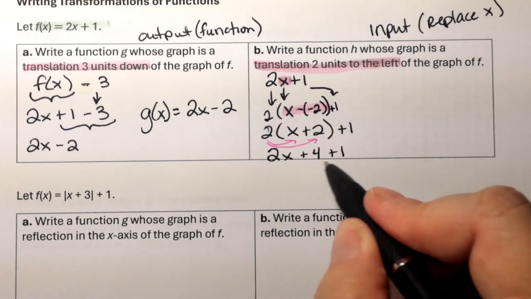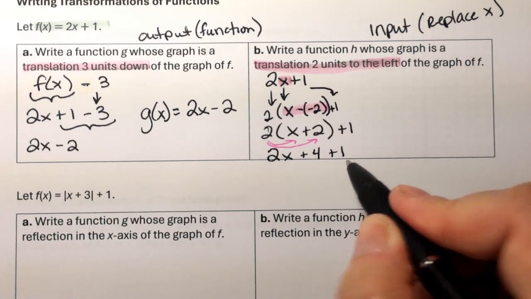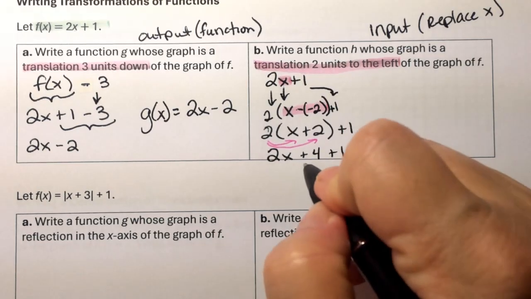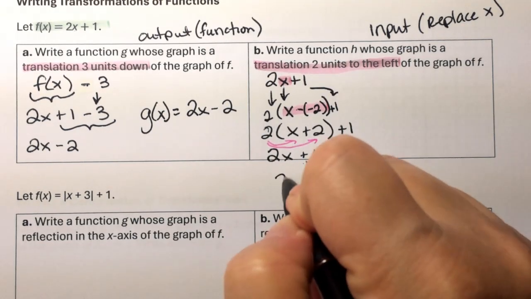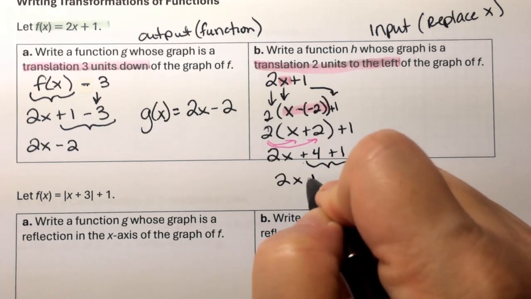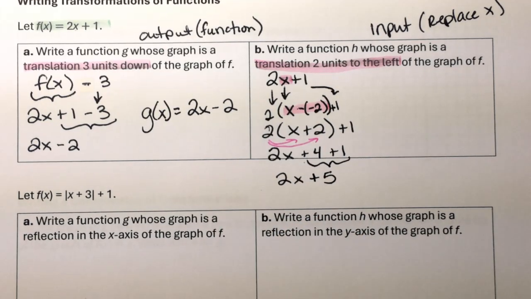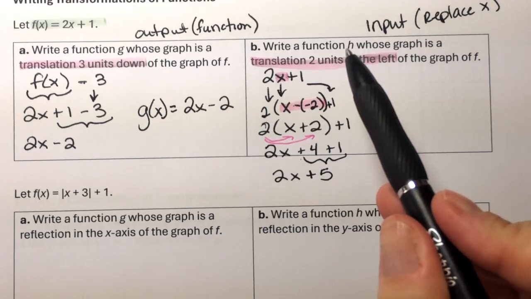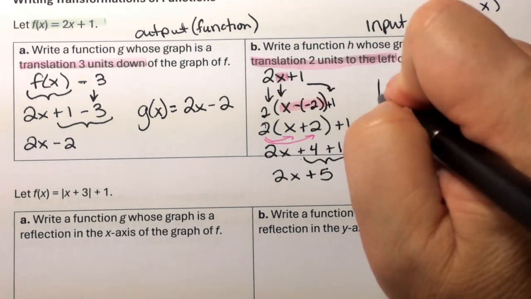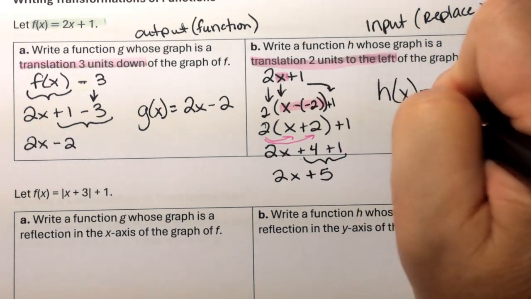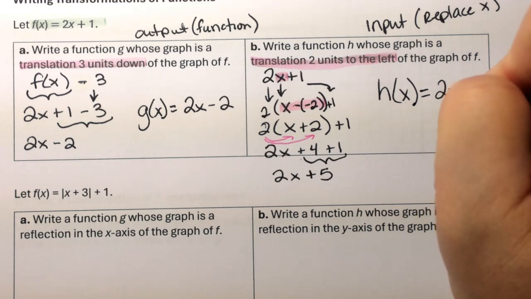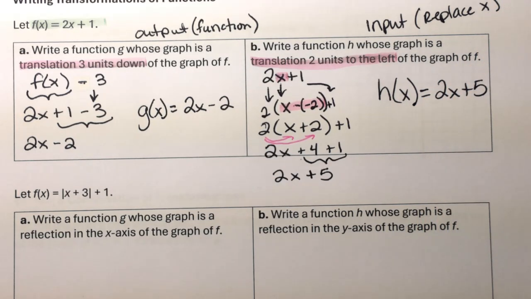Oh, look. Now we can combine our 4 and our 1. So we have 2x plus 5. All right, so we can write it professionally. We're using h, so we would say h of x is equal to 2x plus 5.